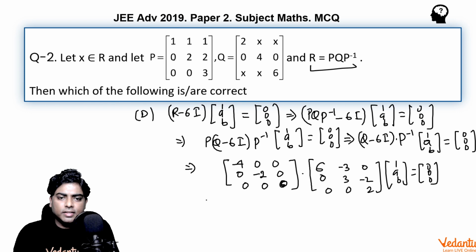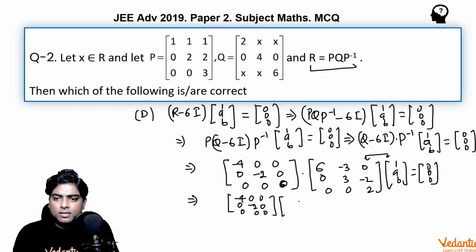This part is a little bit lengthy. If you multiply the first and second matrix in the above equation, it will be more time consuming, so I am multiplying the later two.